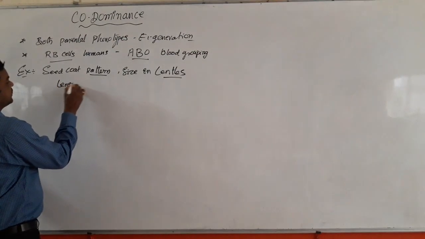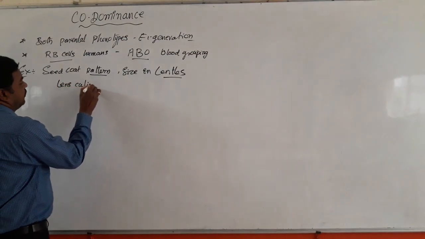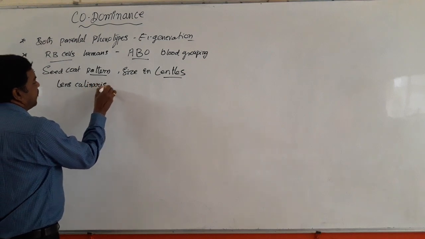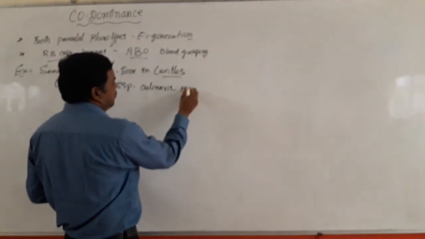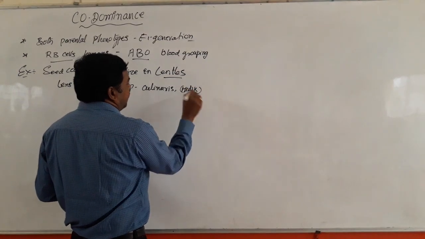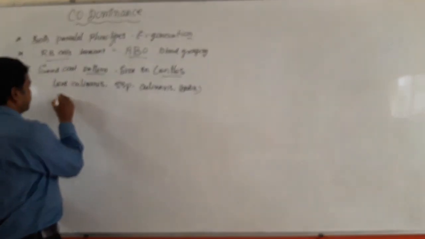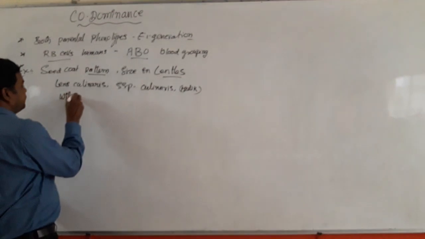For example, this is Lens culinaris, and subspecies like culinaris, also called Medic, and Williams.